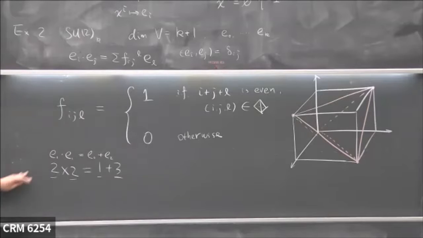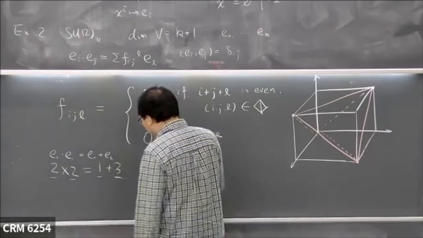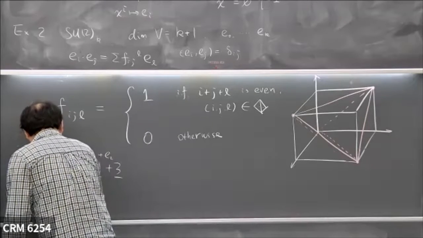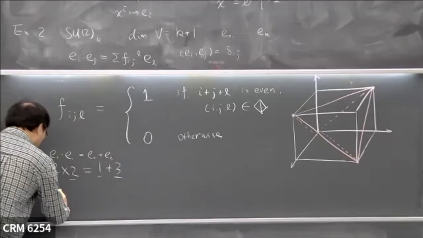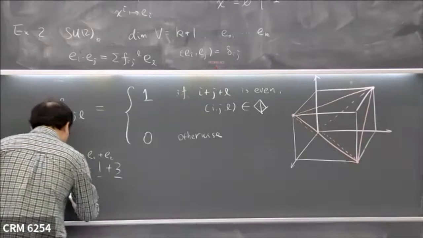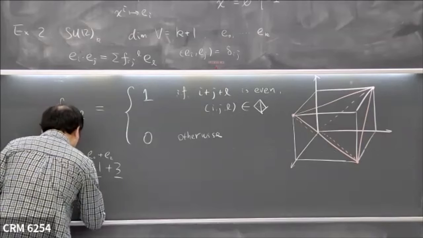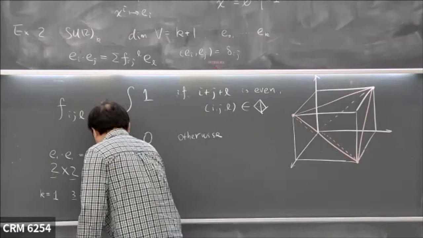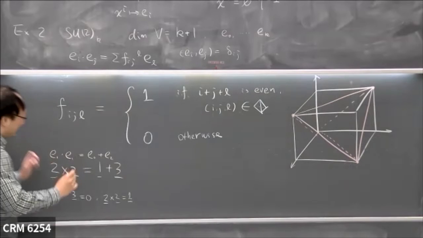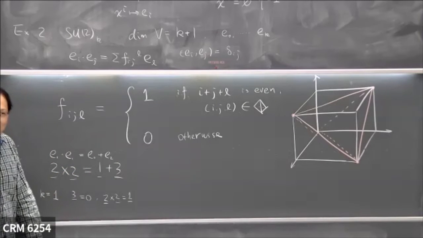So this would in general be true, but if actually K equals 1, what happened is that 3 equals 0. So then you have actually just 2 times 2 equals 1. This is nice and simple for the Verlinde algebra.